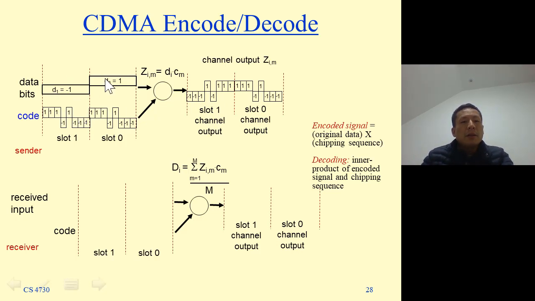After the multiplication for each time slot, you get the product of these bits and put them together, and you send this out to the channel. So these 8 bits are for slot 1, and these are for slot 0. This is for -1, and this is for 1.